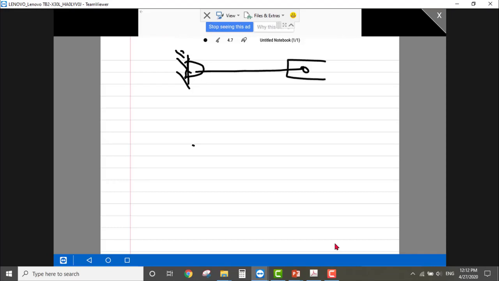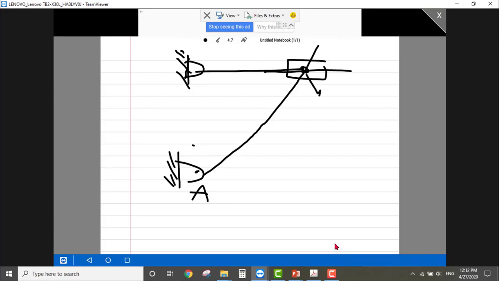So here is the slider, and it is connected with link AB. So here is A, B is the other end, this point on the slider is called C, and this is D. So the extra length of the two links is not important.